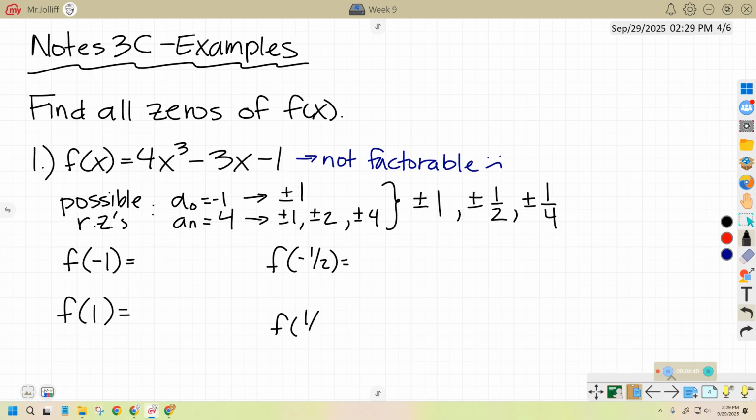I'm going to need to write the positive there. And then f of -1/4 and +1/4. There are 2 ways that we talked about how to do this last week. We know we can evaluate the first guy using the formula for -1 cubed minus 3 times -1 minus 1. And then we can go up, copy, paste, and then retype the numbers.